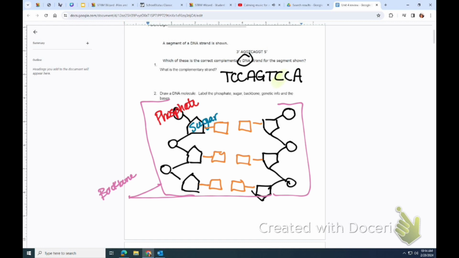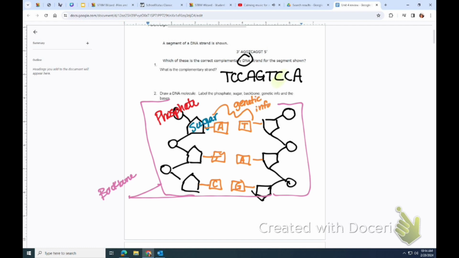Now, what I have drawn now are where my A's would bond to T's, my T's would bond to A's, my C's would bond to G's. Guys, that is our genetic information.